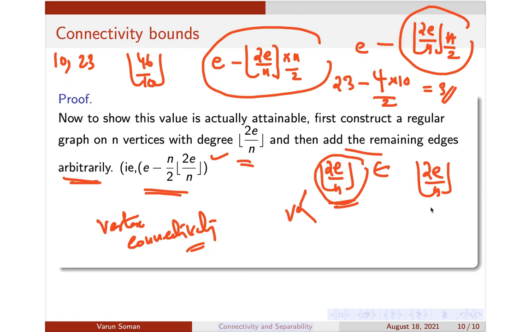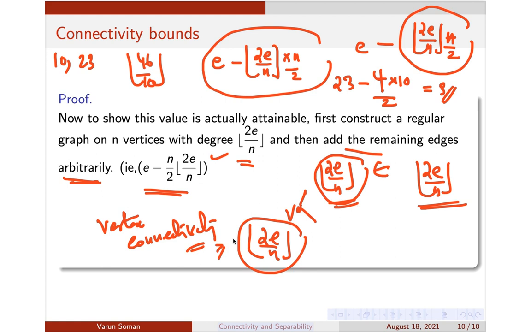I should anyway delete at least these many vertices, because that many connections should be deleted so that this V could be removed. Since V is already connected to 2e by n vertices, these many vertices have to be removed before disconnecting V. So what will we get? The vertex connectivity will always be greater than or equal to 2e by n.